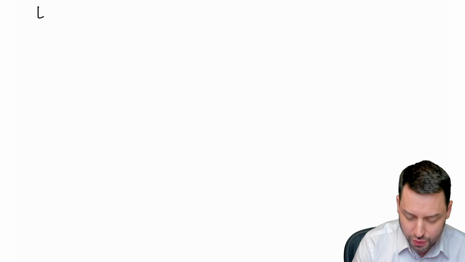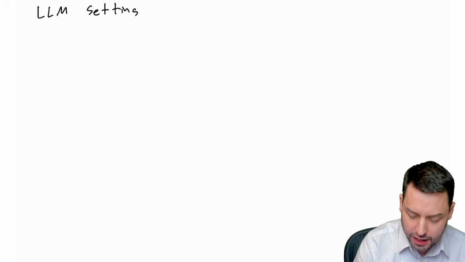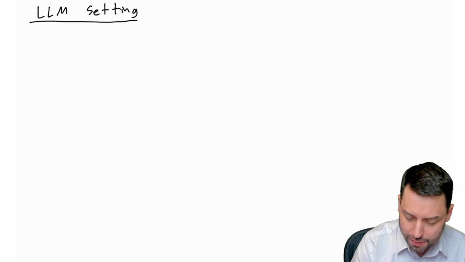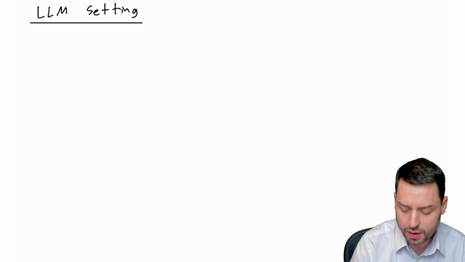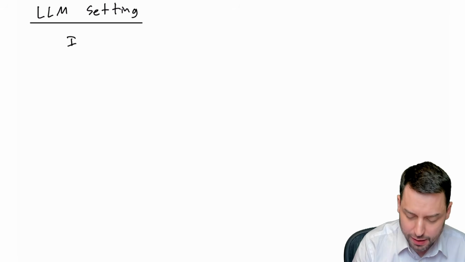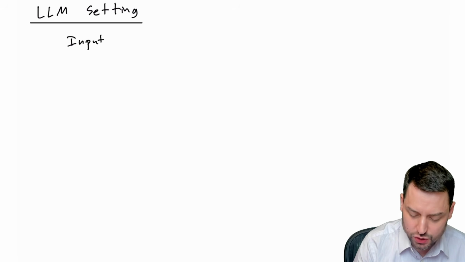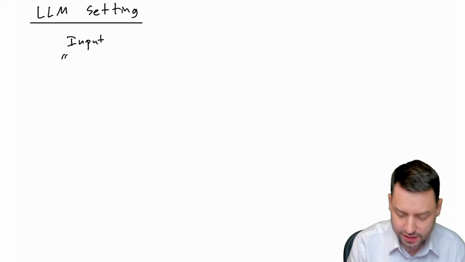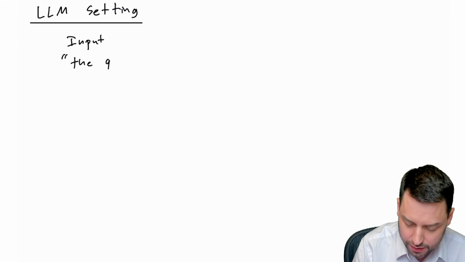All right, so before we begin, let's start by recapping the LLM setting. In the simplest case, we will dive more into this next lecture when we talk about transformers as a whole. To recap briefly, in the LLM setting, we had inputs which were sequences of text, like "the quick brown."